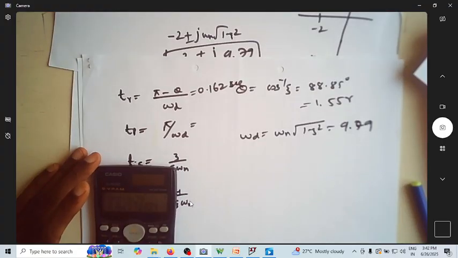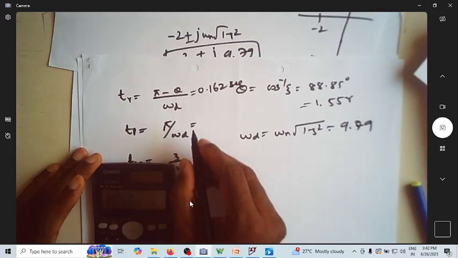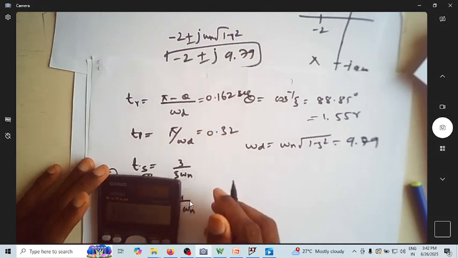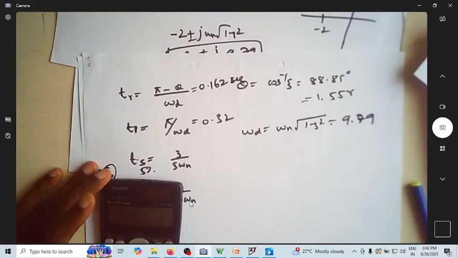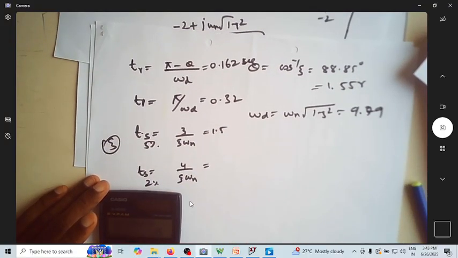Then what is pi by omega d? Pi divided by 9.79 will become 0.32 second. And Ts for 5% is 3 divided by 0.2 into 10, which will become 1.5 second. For 2%, 4 divided by 0.2 into 10, this will become 2 second.